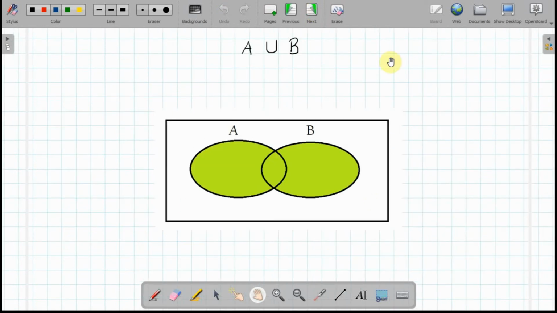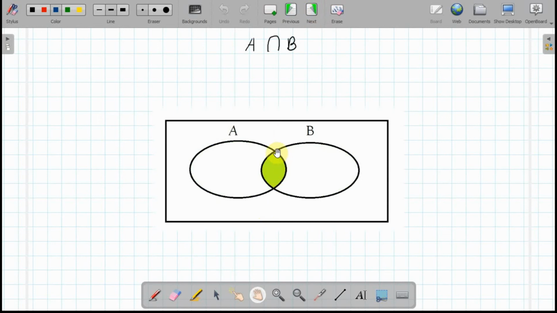So here we have the union, which we spoke of earlier. If someone asks you to shade A union B, and you have two sets like that, you're going to shade everything in A as well as everything in B.